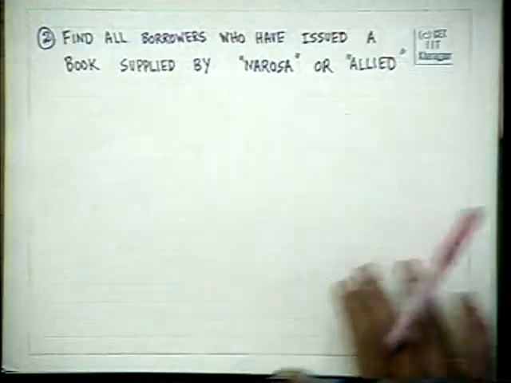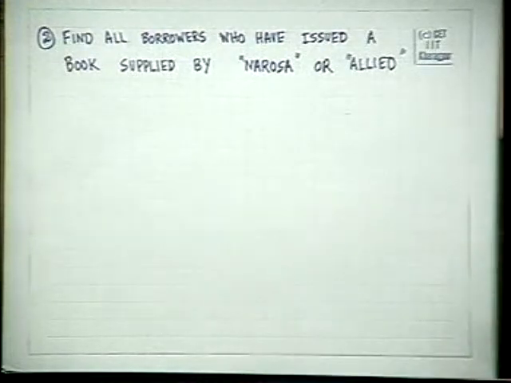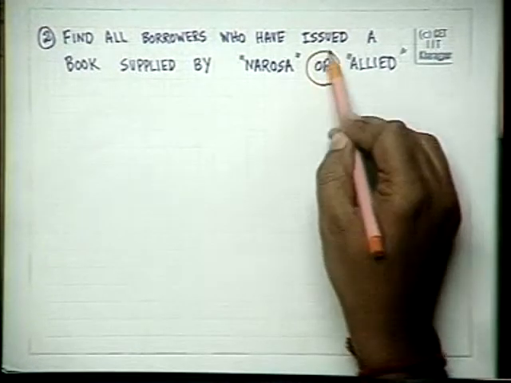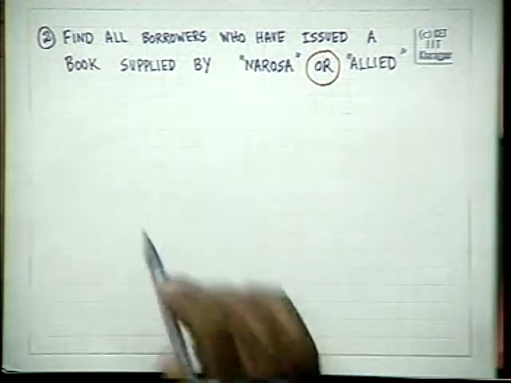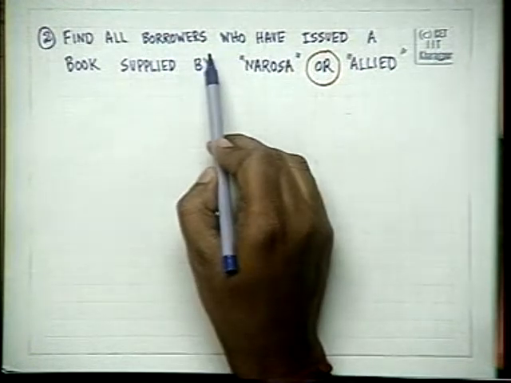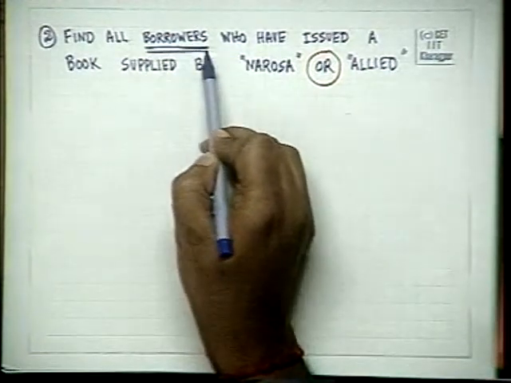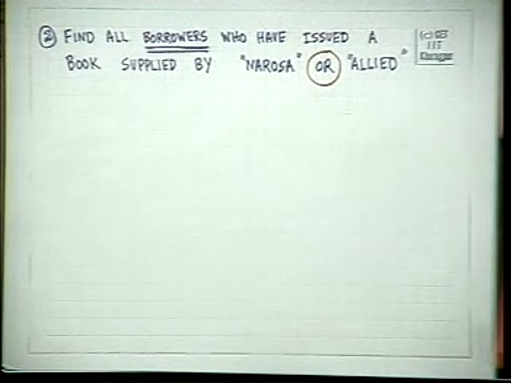We will see another one which is slightly different from the previous one. Find all borrowers. Let us say here, when we say borrowers, we are interested only in borrower names. Okay.